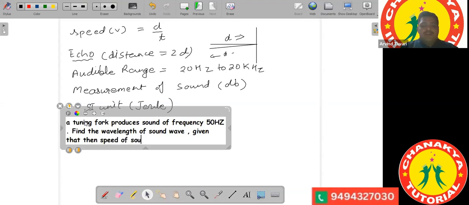You are given the speed of sound wave as 340 meter per second.